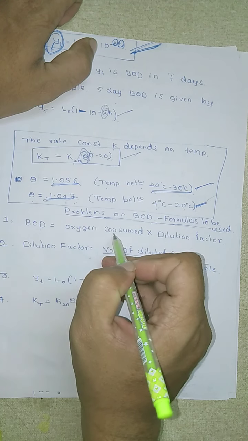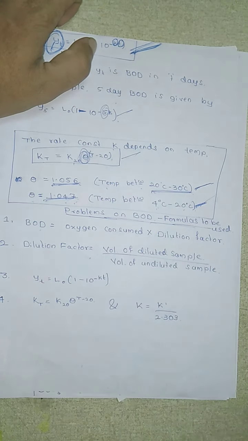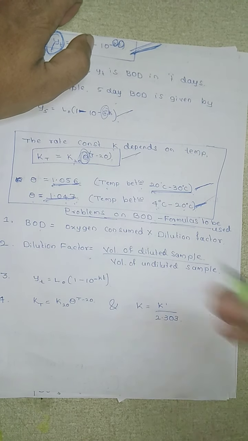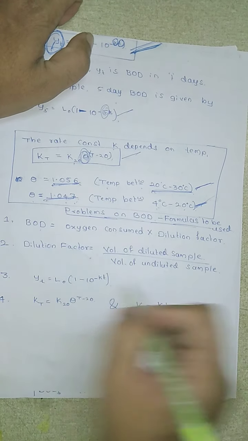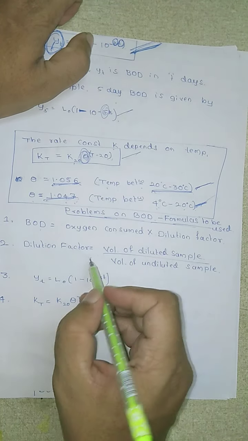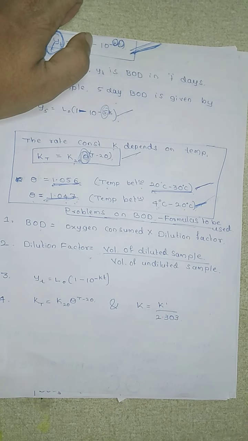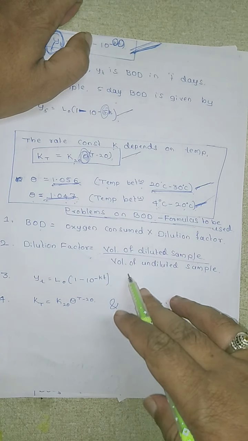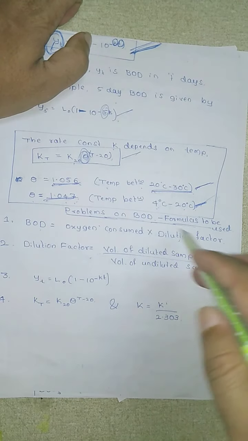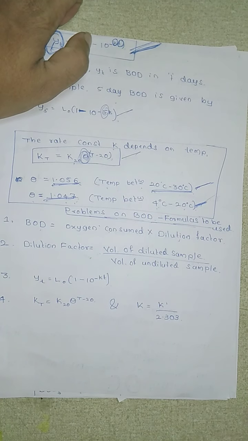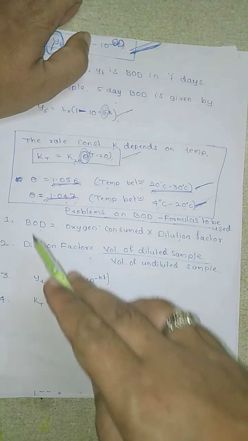I have told you in our theoretical class how the oxygen is consumed in the BOD test. The dilution factor, which we have also already seen in our theoretical class, is equal to the volume of the diluted sample divided by the volume of the undiluted sample.